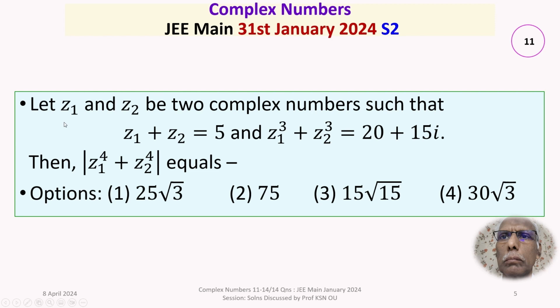We are given Z1, Z2 are complex numbers such that Z1 plus Z2 is 5, Z1 cube plus Z2 cube is 20 plus 15i. Required to find the value of modulus of Z1 to the power of 4 plus Z2 to the power of 4 from the given 4 options.